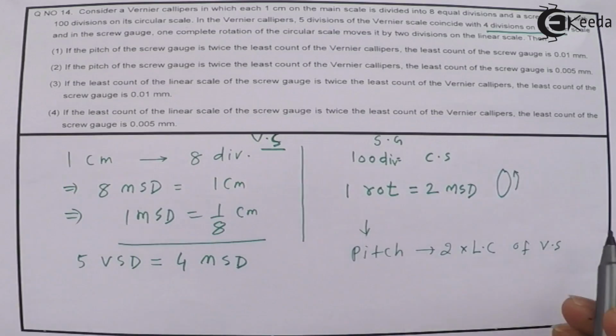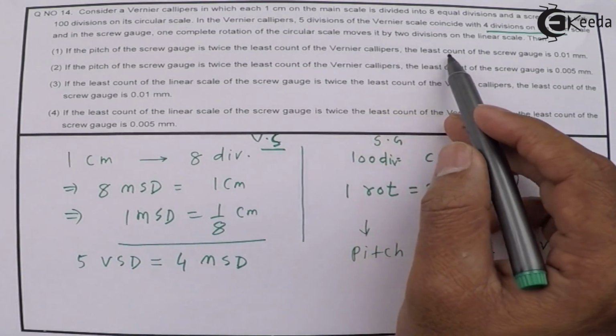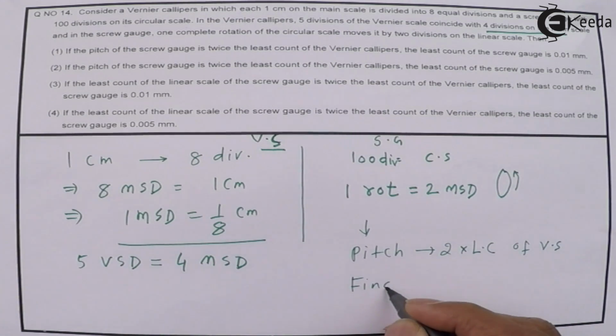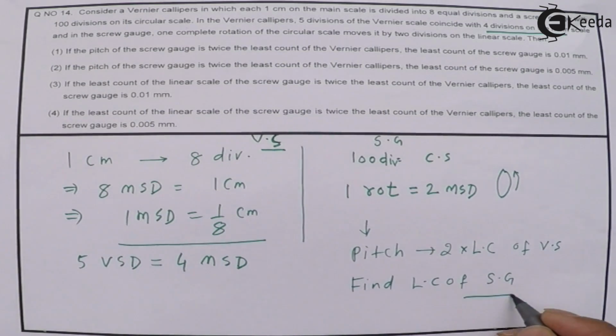Then you have to find the least count of this screw gauge.